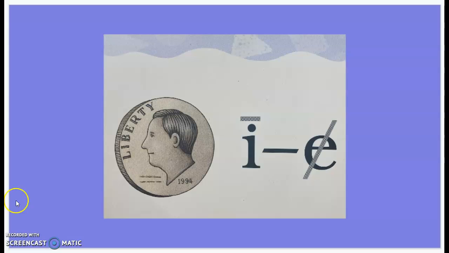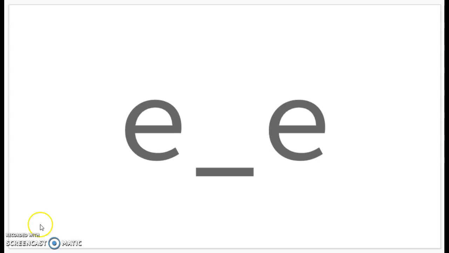Let's talk about another combination. E consonant E. E consonant E. Say that with me. Our clues for this one: this is made from sand and gravel mixed with cement. It is used to make sidewalks, driveways, and slabs for buildings.